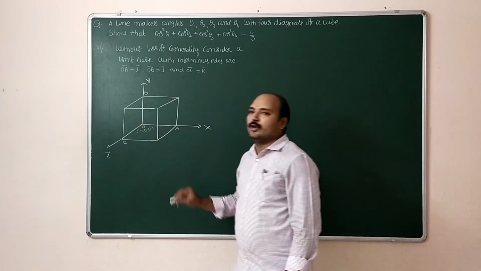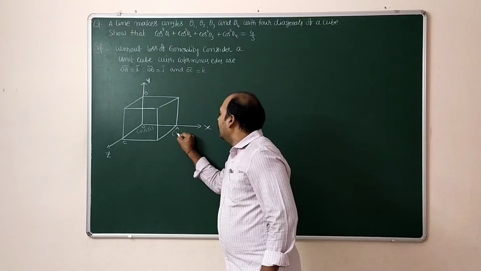So from here to here is 1 unit, and the coordinates of A become 1, 0, 0.